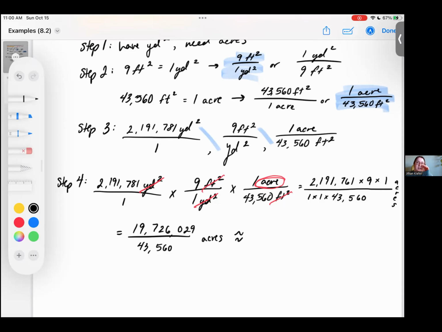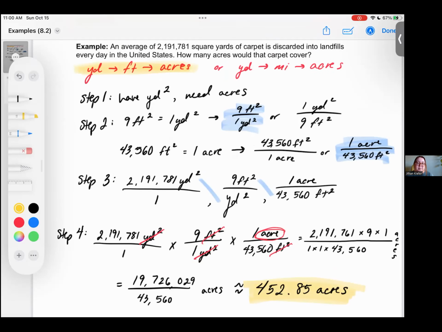Either way, you plug it into your calculator, you're gonna round to the nearest, let's say, 2 decimal places. This would come out to be about 452.85 acres. And that would be our answer.